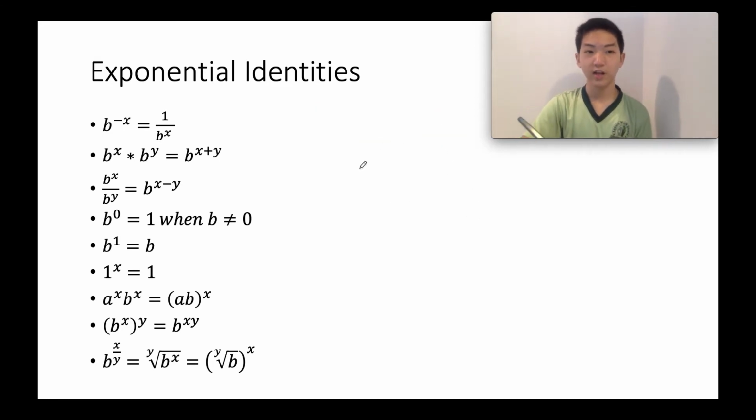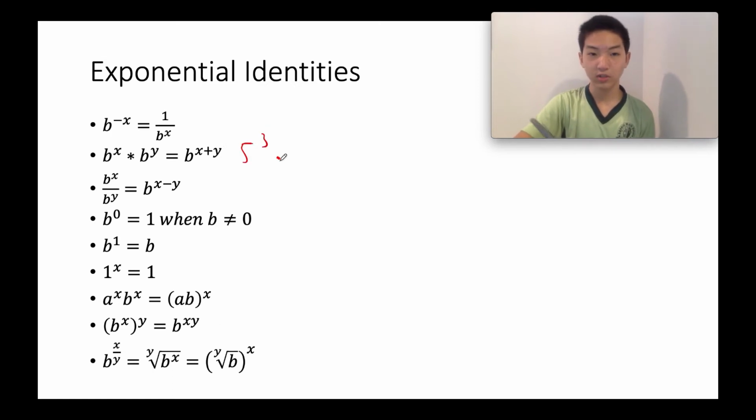So that's that identity. Next, we have b to the x times b to the y is equal to b to the x plus y. So an example for that would be, let's say you had 5 to the 3rd times 5 to the 2. That'd be equal to 5 to the 5th.